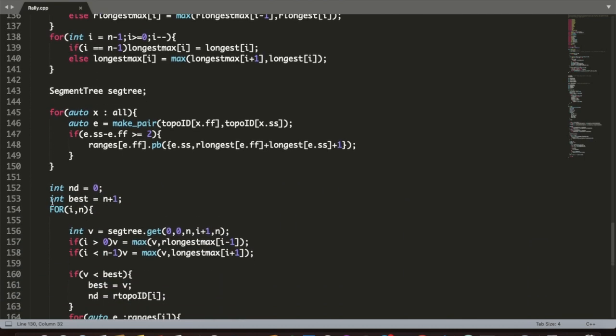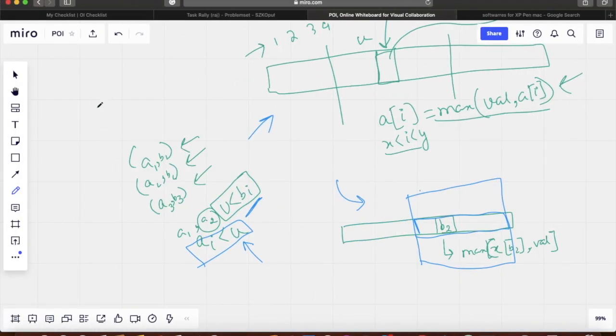And then these are my ranges. So for every edge E, as long as the distance between their topological IDs is greater than or equal to 2, right? Because we don't really want an edge like this, because there is nothing in between for which this edge is the overhead path.